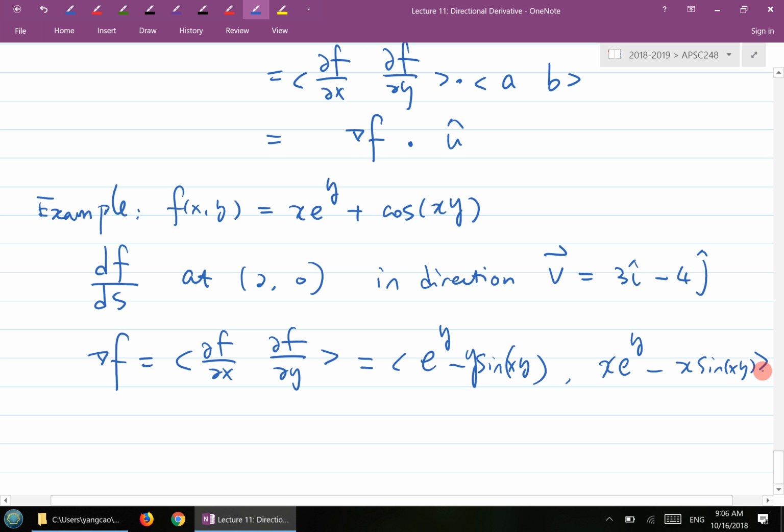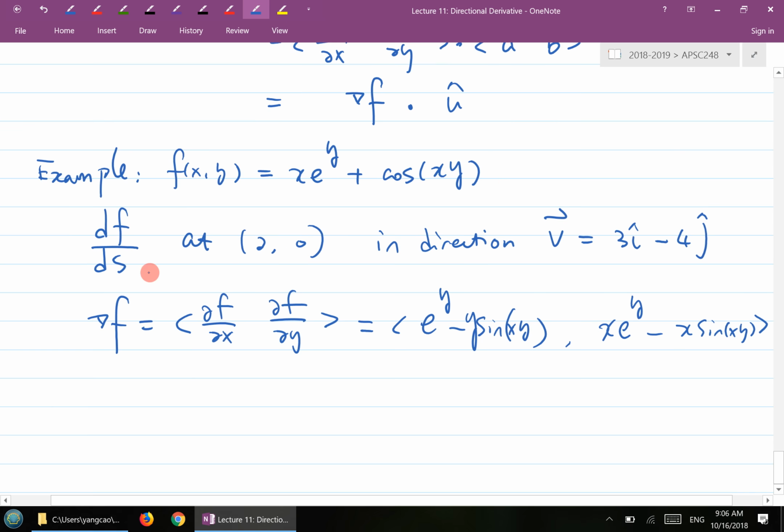Okay, any questions so far? So good? Okay. So now what we're looking at is the directional derivative at this point in this direction. I'm going to calculate the gradient vector at this (2, 0) point. So x equal to 2, y equal to 0.